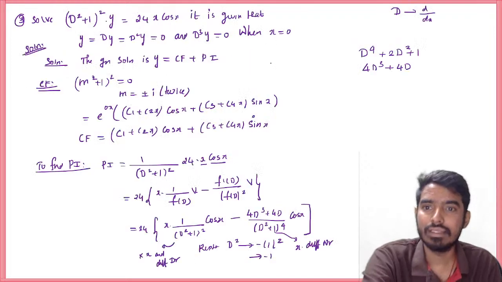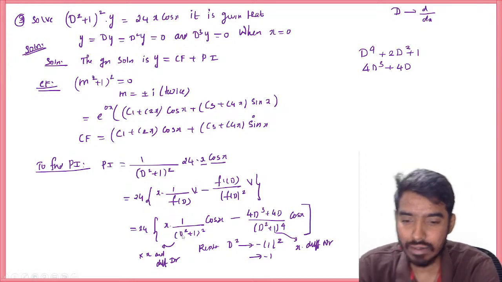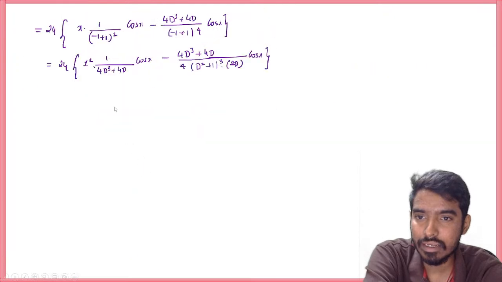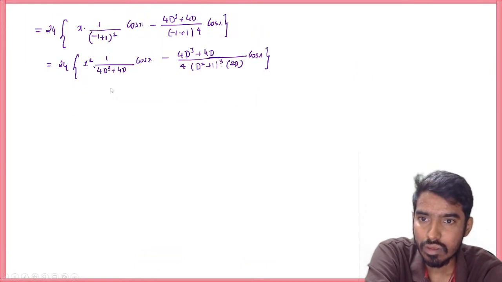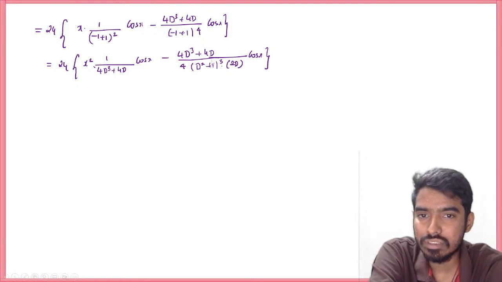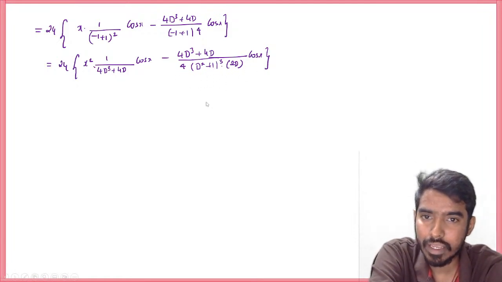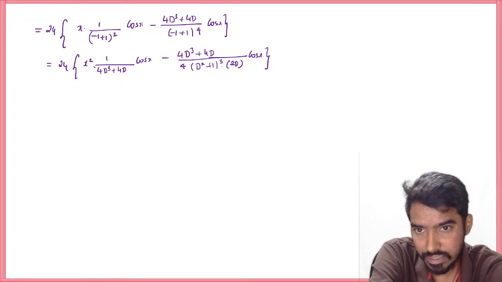I think this will take so much time when I do it like this, right? Unless you get a non-zero denominator, if you replace D by minus 1, again you will have this term to be 0, but this term will be non-zero. If you replace D by minus 1, this will be minus 4 minus 4, so this will be minus 8, right? Minus 8.